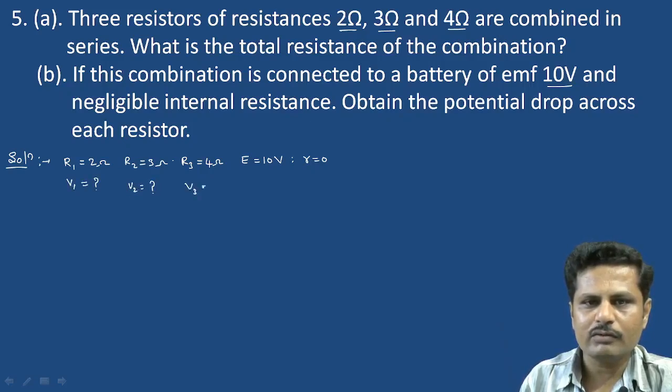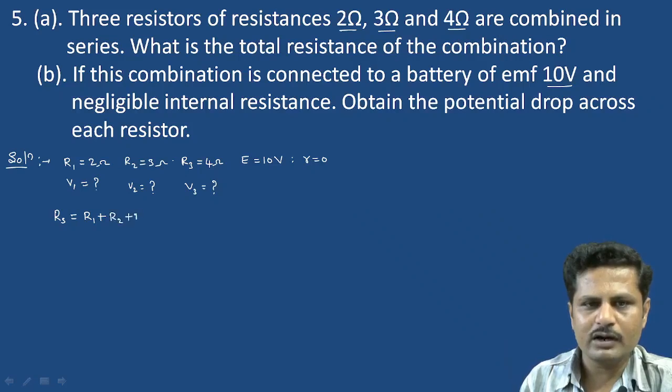So we know that whenever resistors are connected in series, the effective resistance is equal to the sum of the individual resistances.